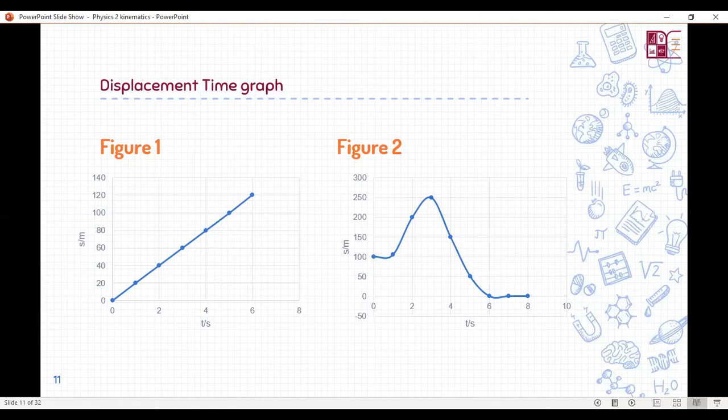Now for figure 1, you can see that the displacement s carries only a positive value, which means that the car has only been moving in one direction. And the displacement s also increases uniformly with time. Since it moves uniformly, we've achieved a straight line which shows that there is uniform velocity.